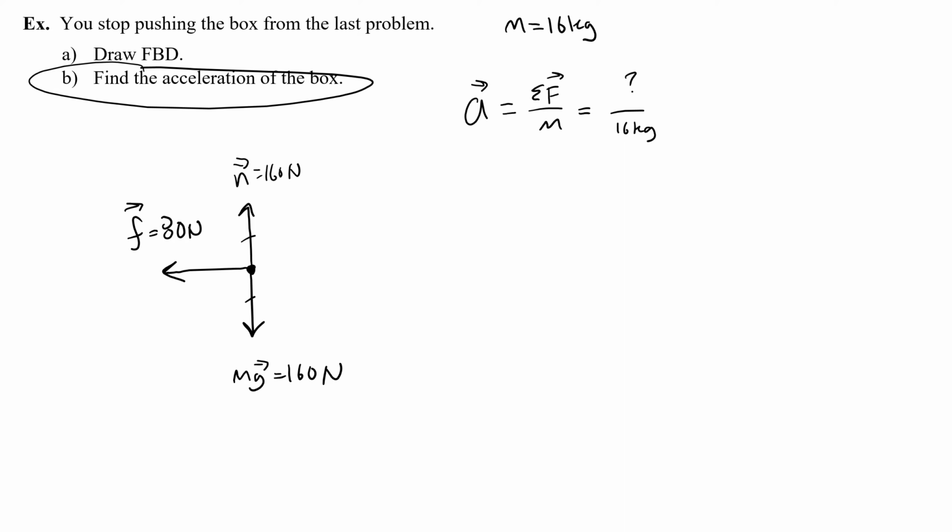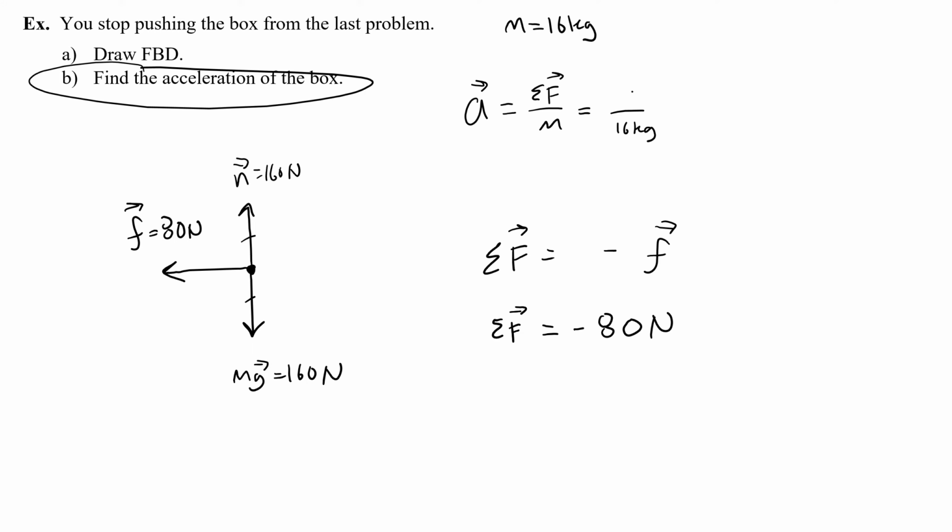Well, before, the net force was the applied force minus friction. But now, there's no applied force. So all we are left with is friction and this little negative, meaning left. So negative 80 newtons is the net force.